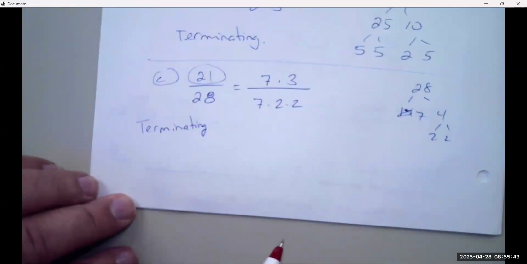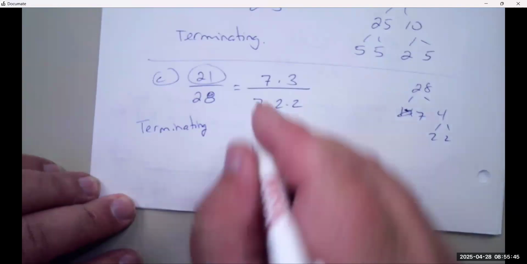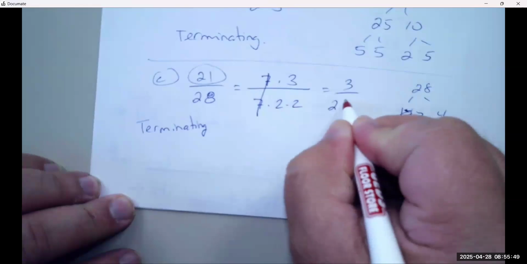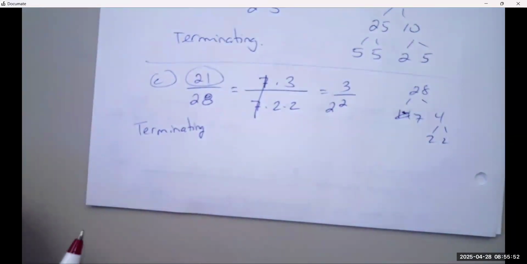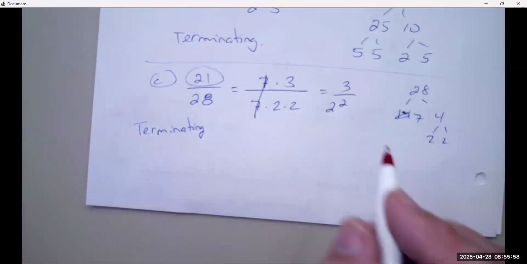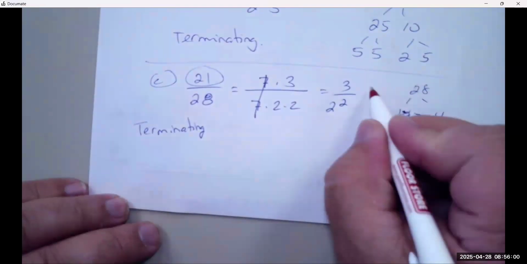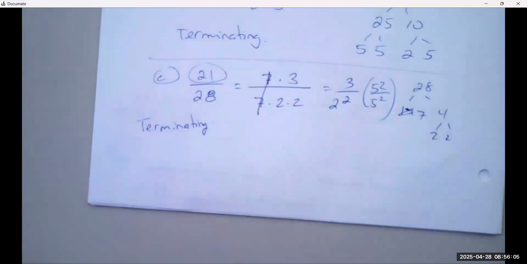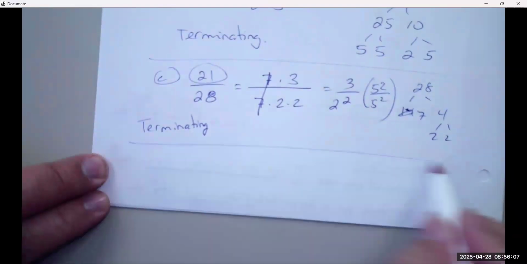Can anything cancel? Only this. So what do we have now? Now it's only a denominator of 2 or 5. So it's terminating.